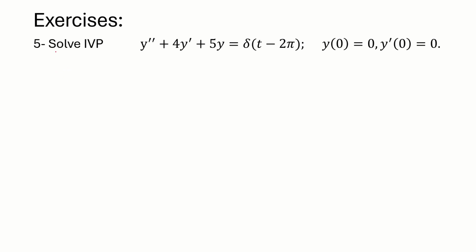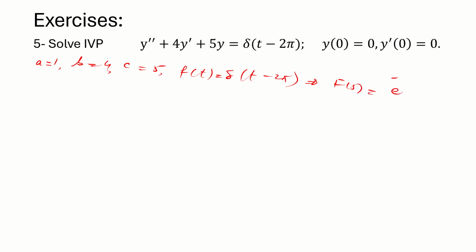A is equal to 1, b is 4, whereas c is 5. f(t) is delta(t - 2 pi), which means F(s) will be e^(-2 pi s), whereas y0 and y1 are both 0.